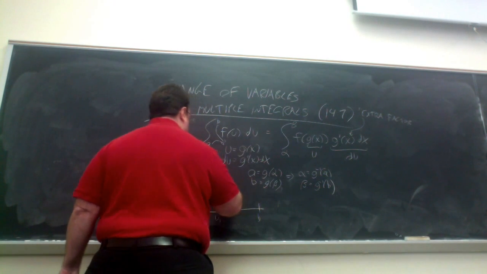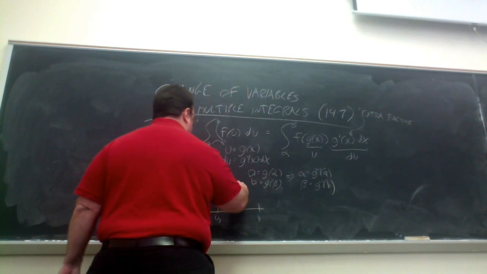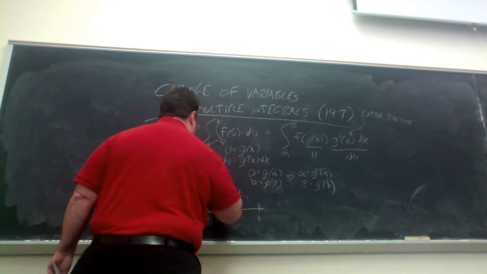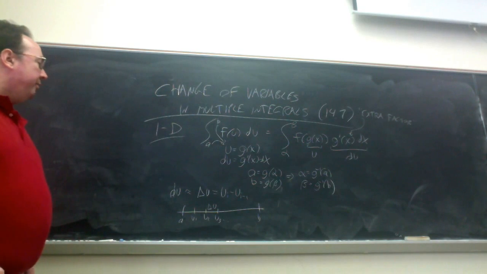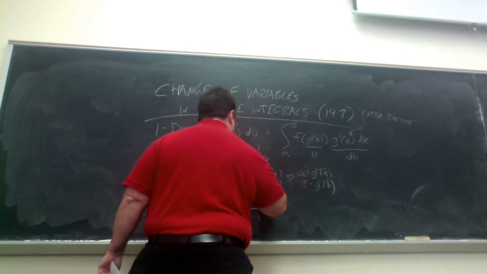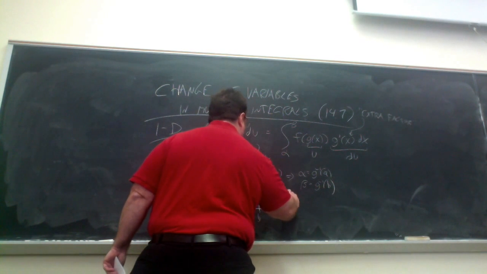So I could define this difference of u values as u i minus u i minus 1. And here's our spacing, delta u. But u is g of x. So I can think of this as a difference of g values where we plug in certain x's.